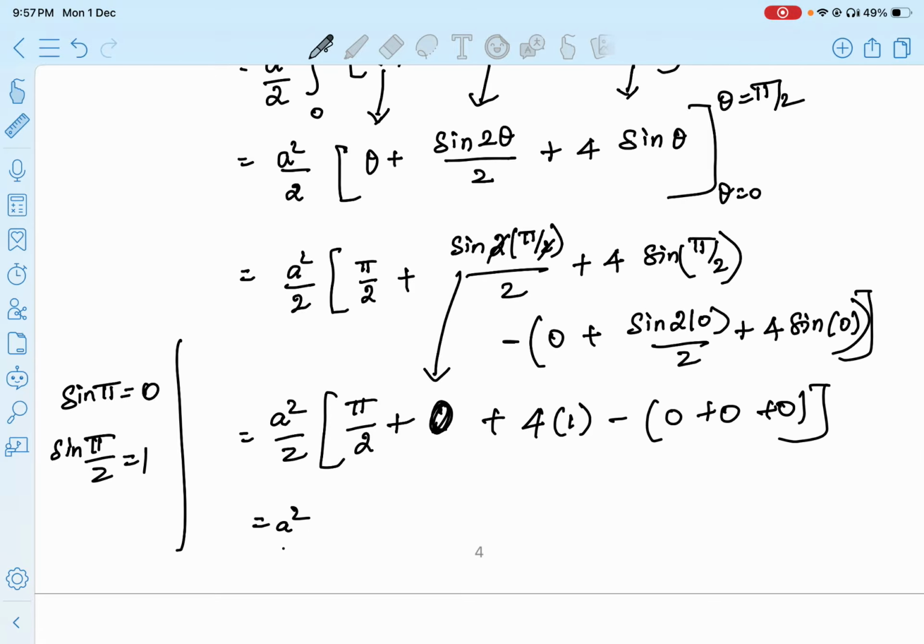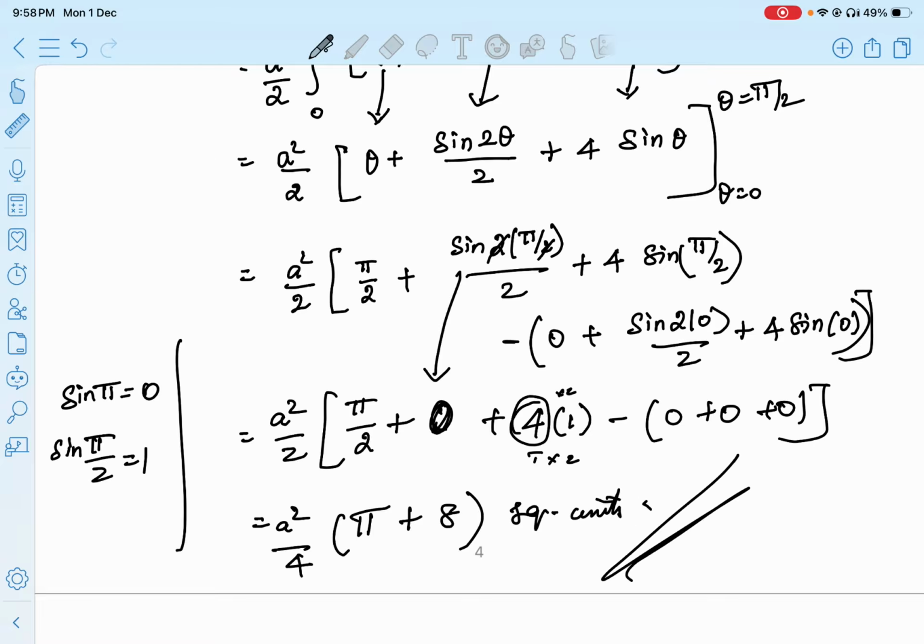So a square by 2, I can take this 2 outside commonly, so this 4 will become 8. So a square by 4, we have pi, and this 2 was taken outside, so we have 4 here. Commonly taken outside, it will become divided by 1 into 2 into 2, so it will become 8. Square units. That's all.